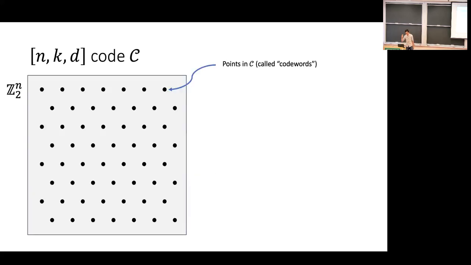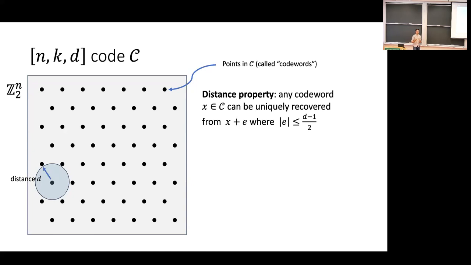So here's a picture of what an error correcting code looks like. Think of this gray box as the ambient space Z2 to the n. And then you have these points in this gray box. That's your subspace. That's your code. Each of these points is called a code word. The distance property is just saying that the minimum distance between any two points is d.